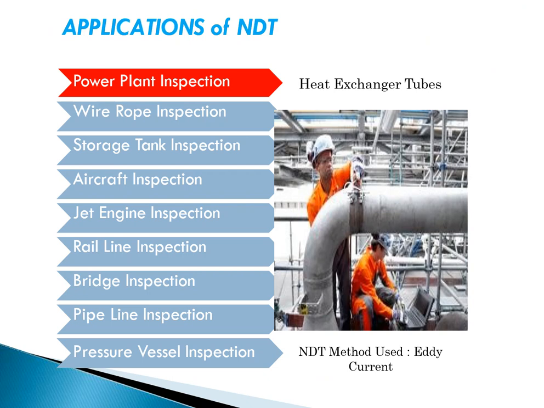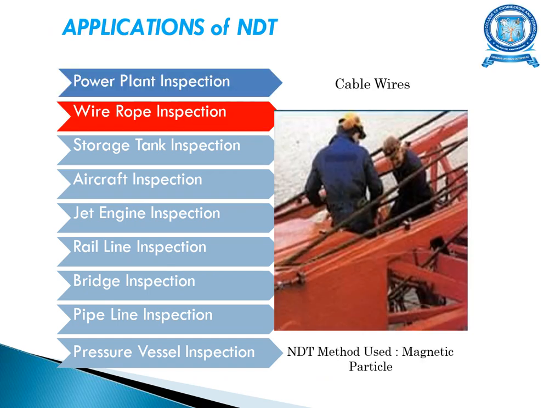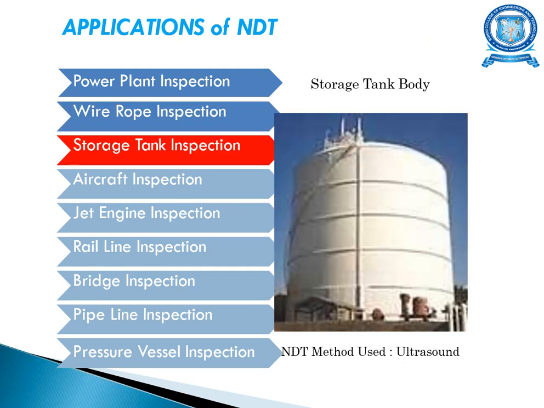As you can see from the figure, eddy current testing is being used for testing of heat exchanger tubes. The next one is wire rope inspection. Here the cable wires are being tested by using the magnetic particle testing method. And here, storage tank inspection is being carried out by the ultrasound testing method.